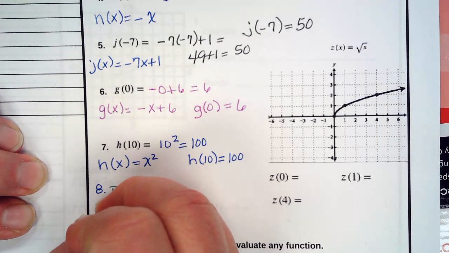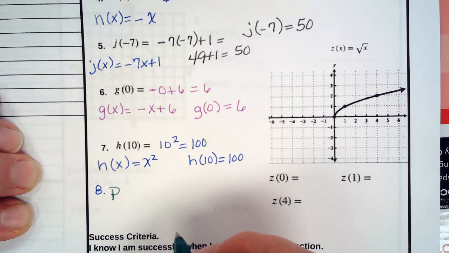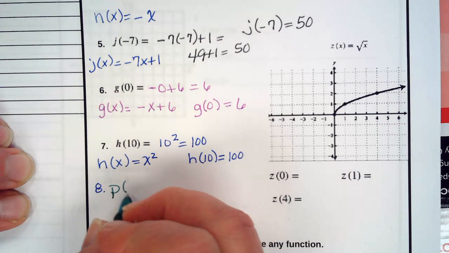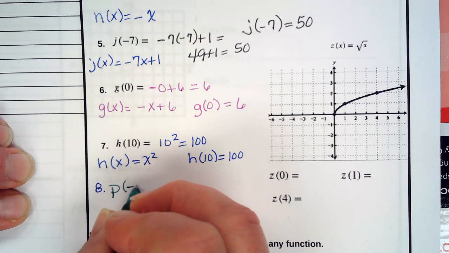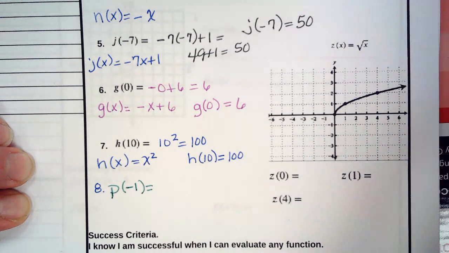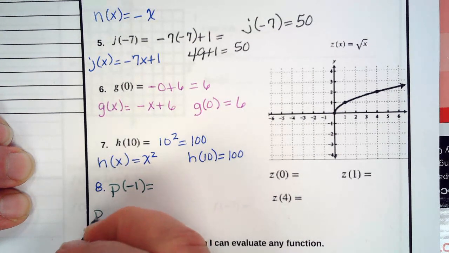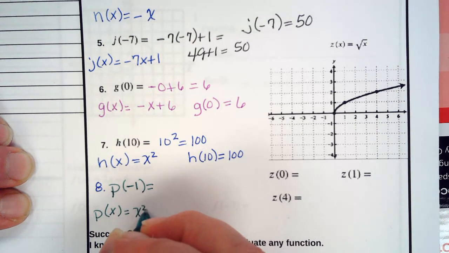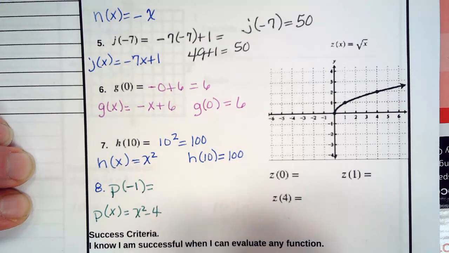Okay, I didn't get one in for p. I probably did, and then when I did some deleting, I probably deleted it. So we're going to put p of negative 1 is equal to. I come up to p. P evaluated at x is x squared minus 4.